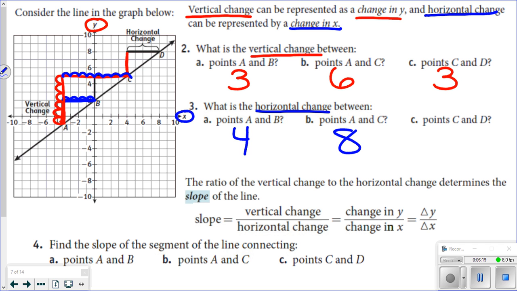So that answer is 8. This answer is 4. Now, could we count from points A all the way to D? Sure. Or from point B to D? Absolutely. We can find the slope between any 2 points on a line.